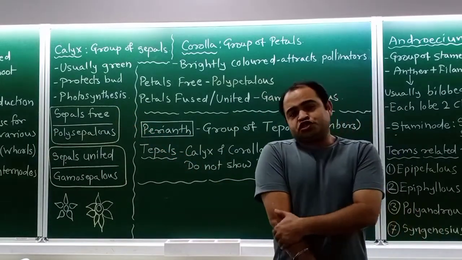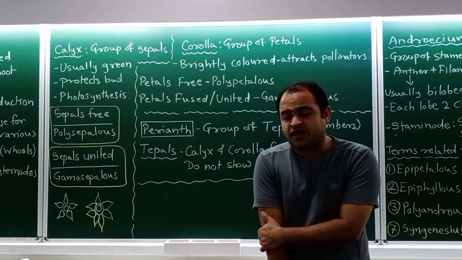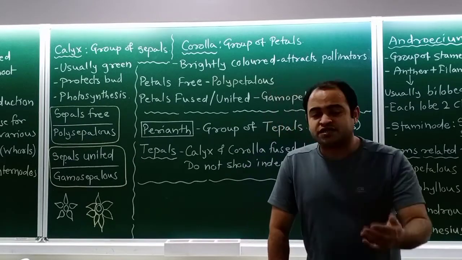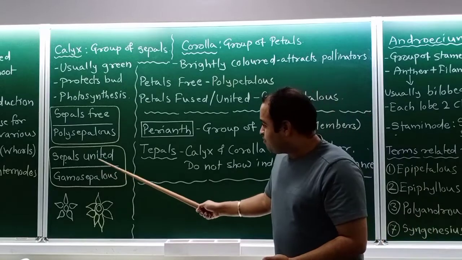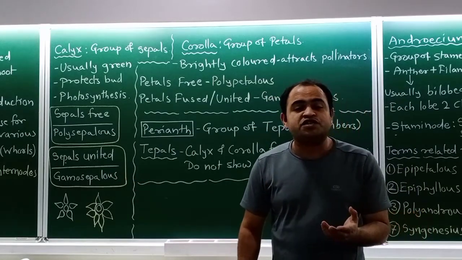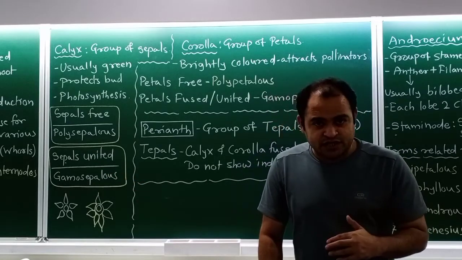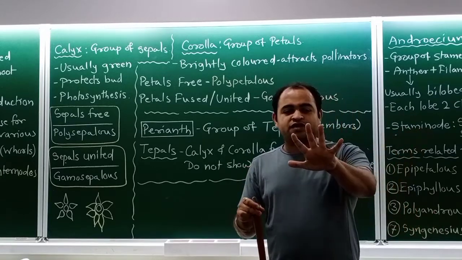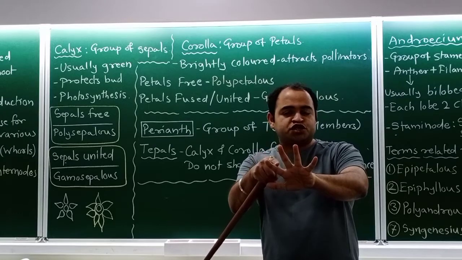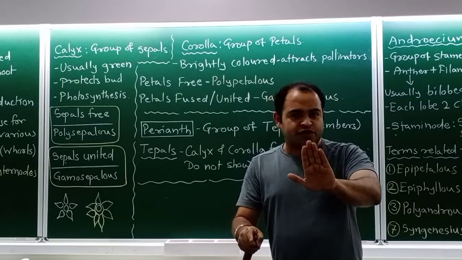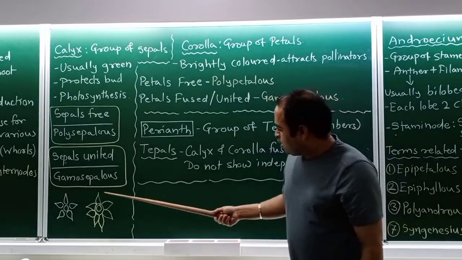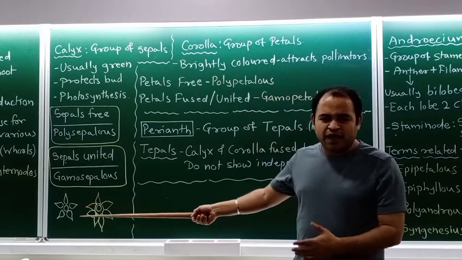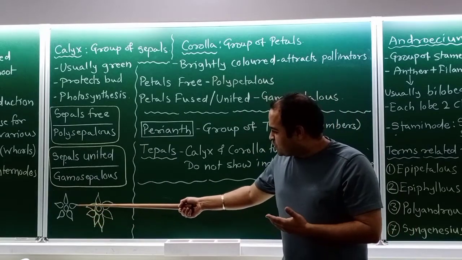There are two major conditions. When sepals are free, it is called the polysepalous condition, and if sepals are united, then it is called the gamosepalous condition. Gamo means fused, poly means free. This is the poly condition. This is the gamo fused condition. For your understanding, I have drawn this particular image.